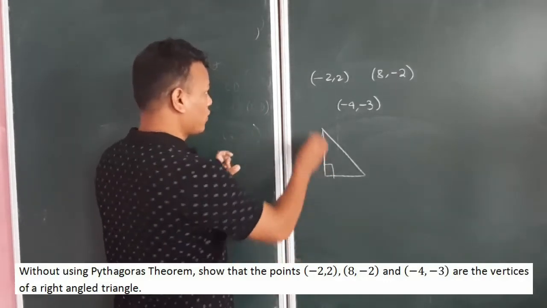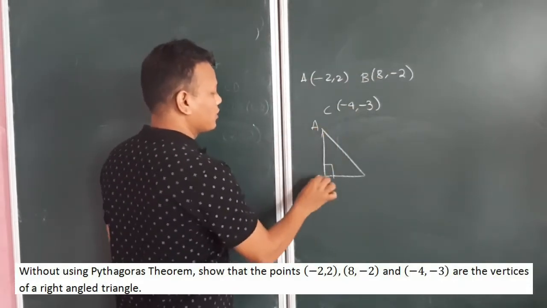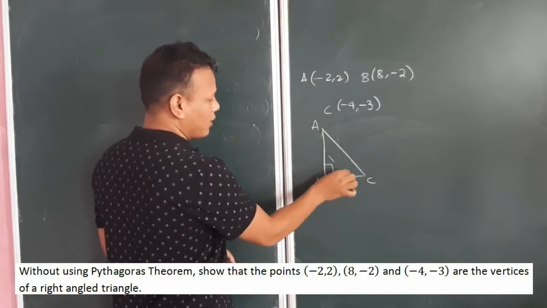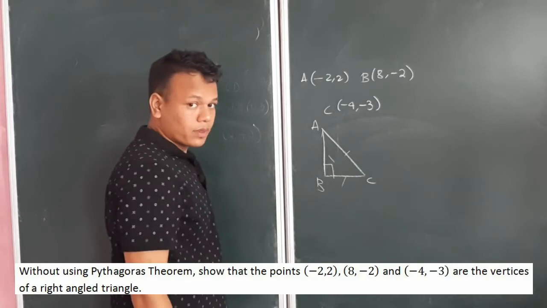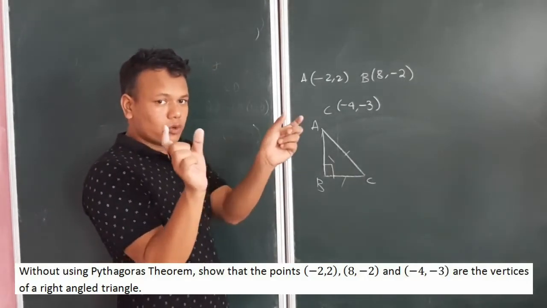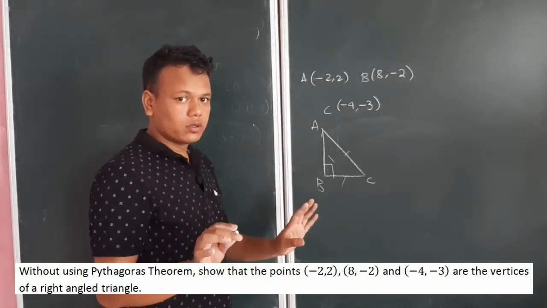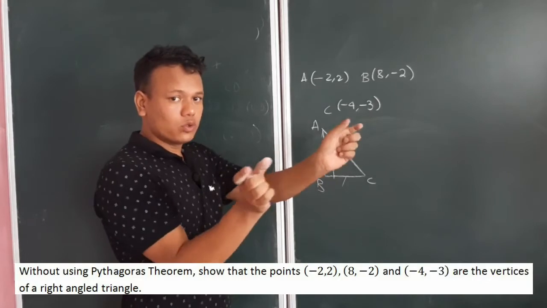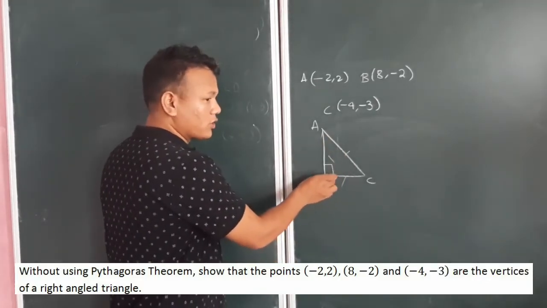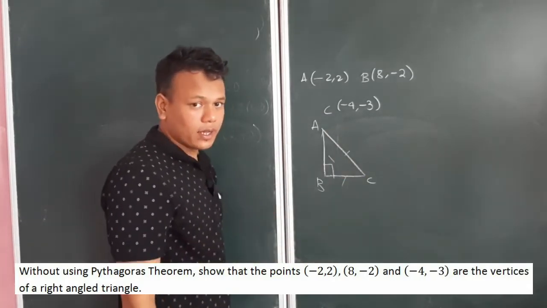If I call these A, B and C, then find the slopes of AB, BC and CA, and find two slopes whose product is minus 1. That's all you need to do here. If you show that the product of two slopes is minus 1, then those two sides have to be perpendicular to each other and automatically the triangle becomes a right angled triangle for you.